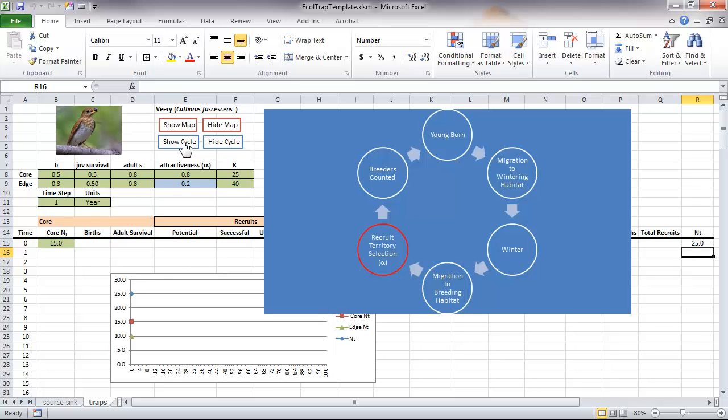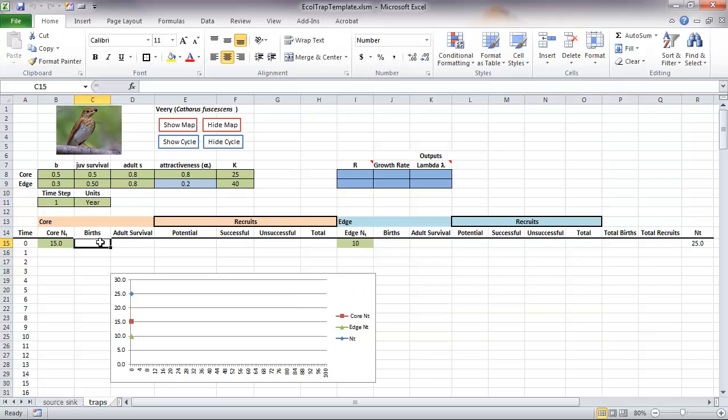Where are we in the cycle? We're right here. We're doing our census. The birds are counted. It's a very small window. These individuals are counted, and the next thing to happen is they will produce young.